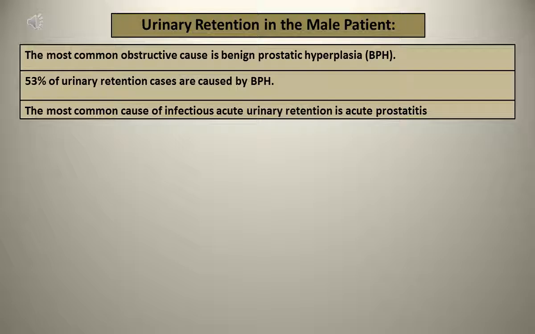This is enlargement of the prostate gland caused by a benign overgrowth of chiefly glandular tissue and tends to obstruct urination by constricting the urethra. It is also known as BPH. In a 2000 study on acute urinary retention by Chung and Eberton, out of 310 men over a 2-year period, 53% of these men had urinary retention caused by BPH.